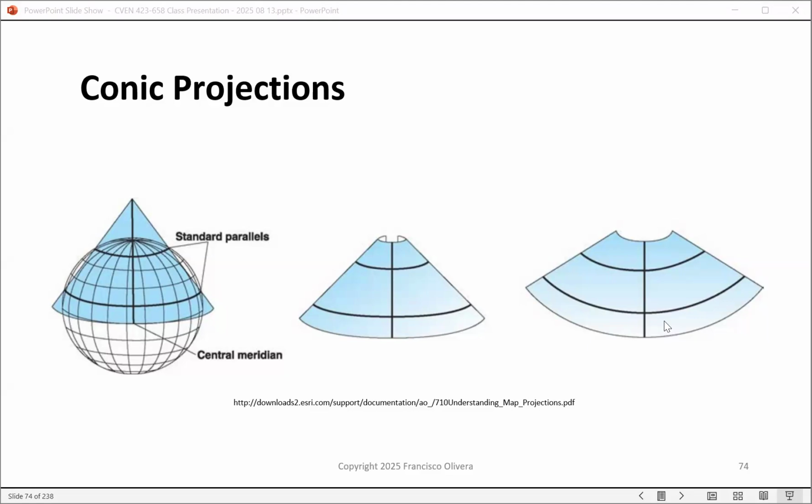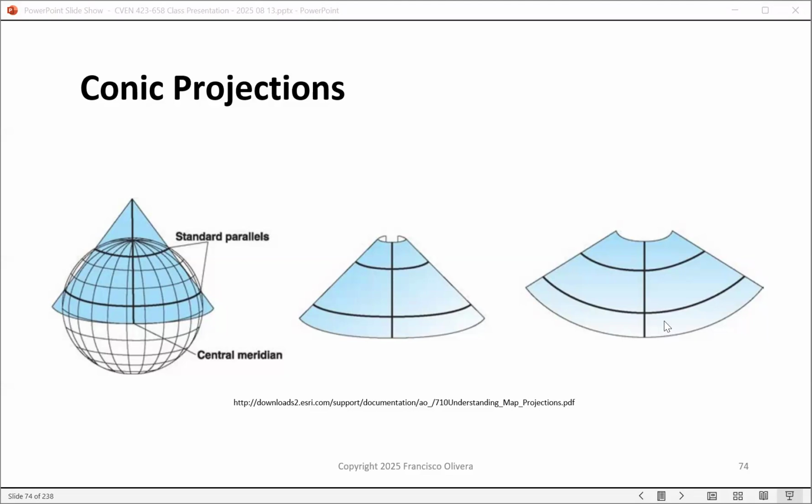All the area that is within the standard parallels and a certain distance north of the northern standard parallel and a little bit south of the southern standard parallel, all that area is going to be projected with a relatively high accuracy. As you depart from the standard parallels, north and south, you're going to have more distortion.